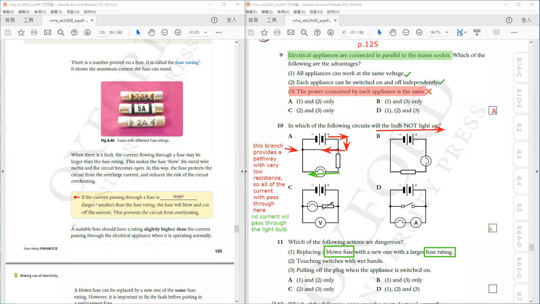When you choose the fuse, the suitable fuse should have a rating slightly higher than the current passing through the electrical appliance. Therefore, this is not correct. You can just replace it with the fuse with original fuse rating. You should not replace it with other fuse rating.